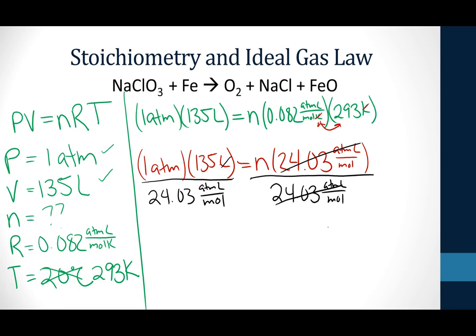So liters on top, liters on bottom, atm on top, atm on bottom, and we're left with moles. Okay. So plug that into our calculator. 1 times 135 divided by 24.03, and we get 5.62 moles.